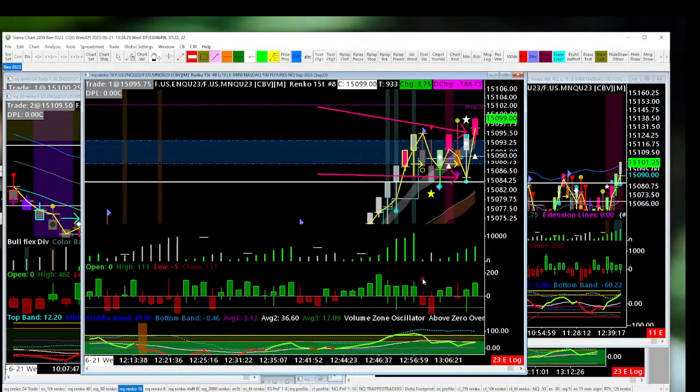And eventually, by the time the bar closed, you can see we weren't at the very highs, but the delta was far more positive than negative. But the wick is actually bigger than the body. That's going to be significant.